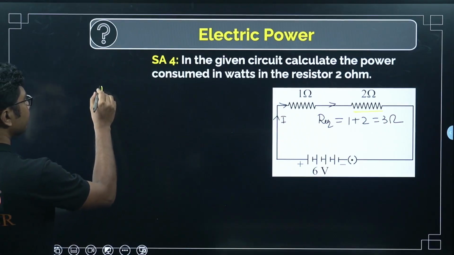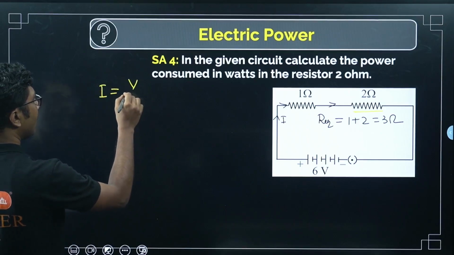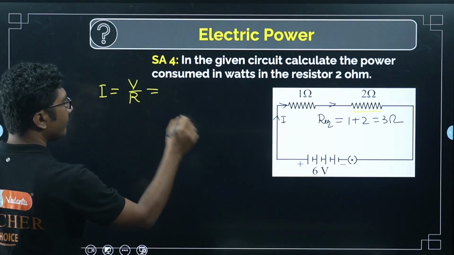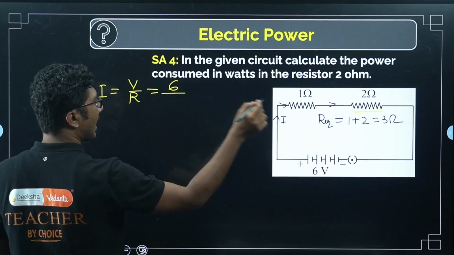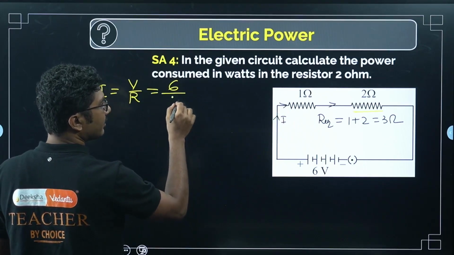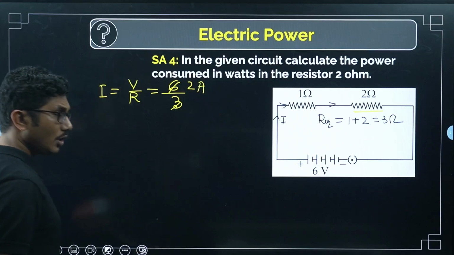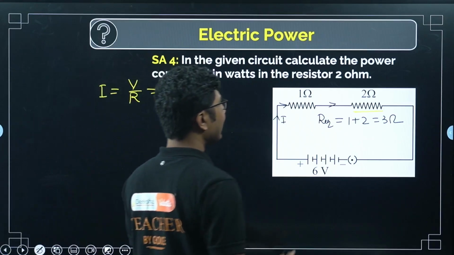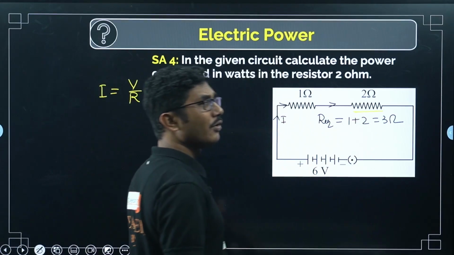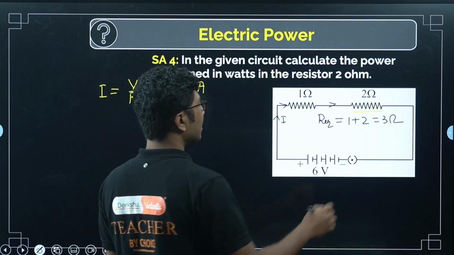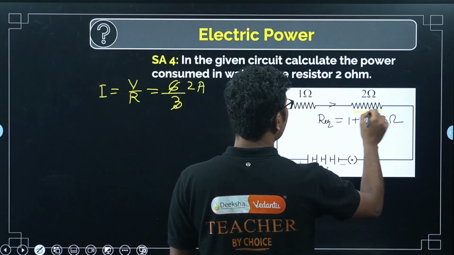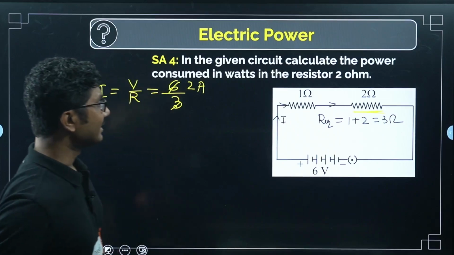So equivalent resistance is 3 ohm. Simple. Now what is the current? Current is V by R. V is 6 and R is 3. So current is 2 ampere. So you have calculated the current. Now we have to find the power consumed in watts in the resistor 2 ohm.